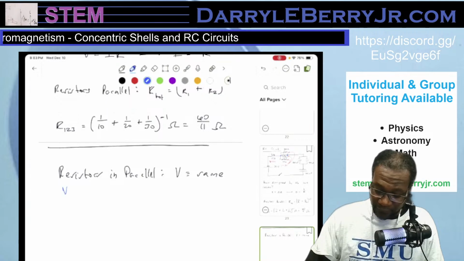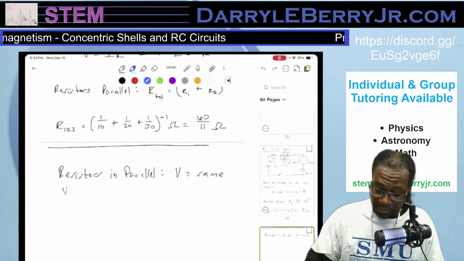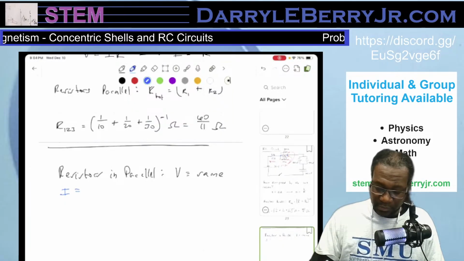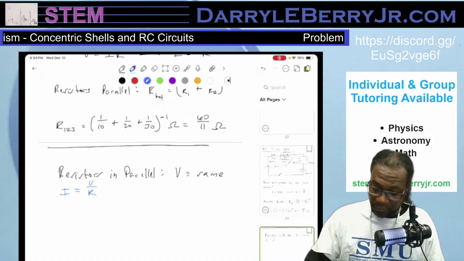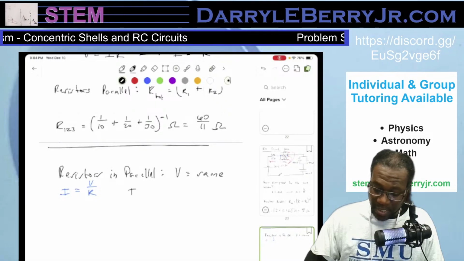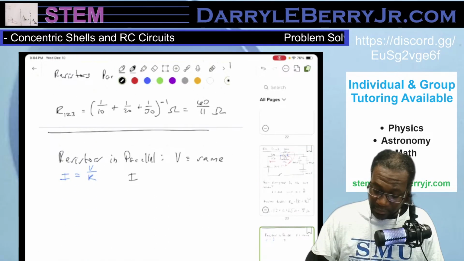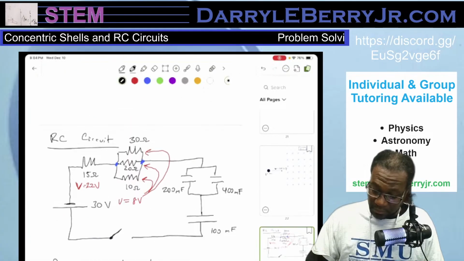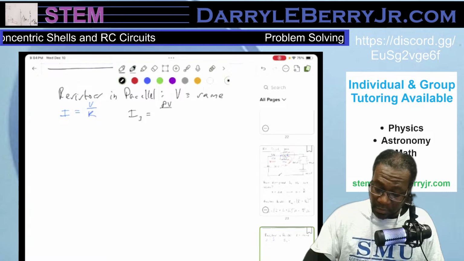We still have I equals V over R. So why don't we do I3, the 30 ohm one, equals still 8 volts over 30 ohms.